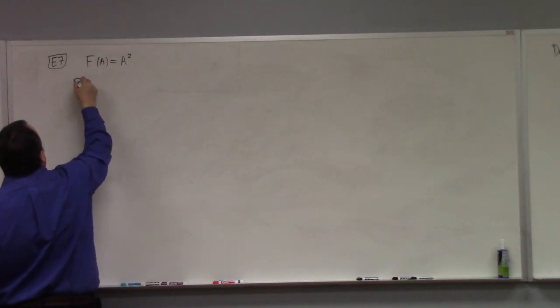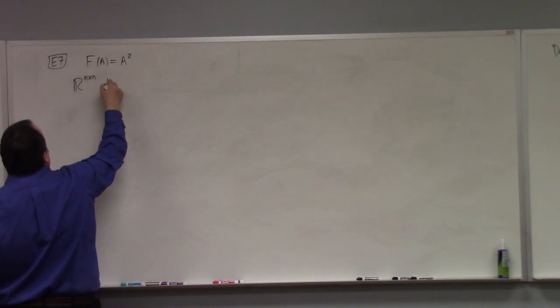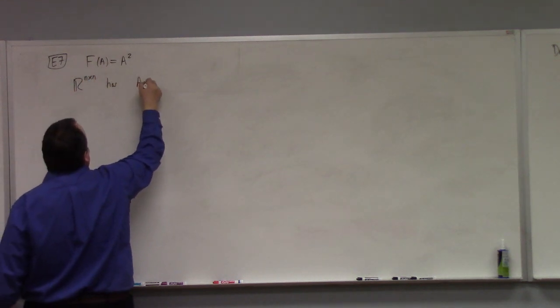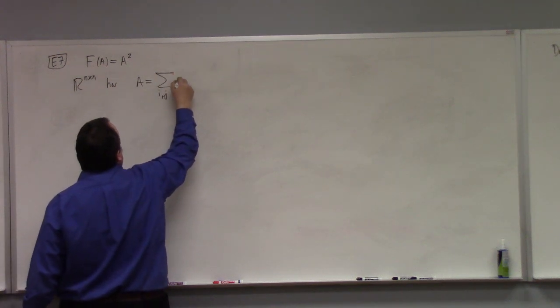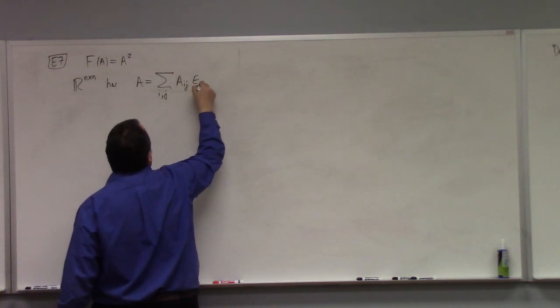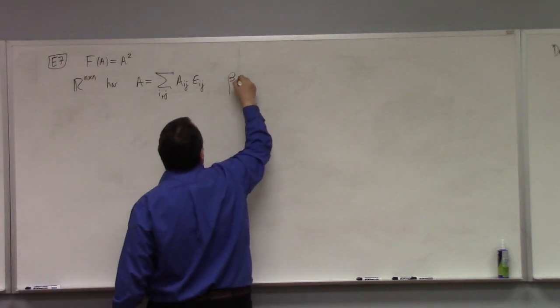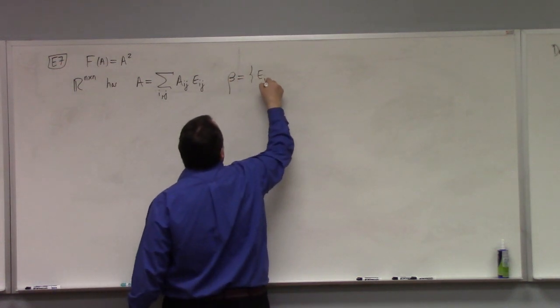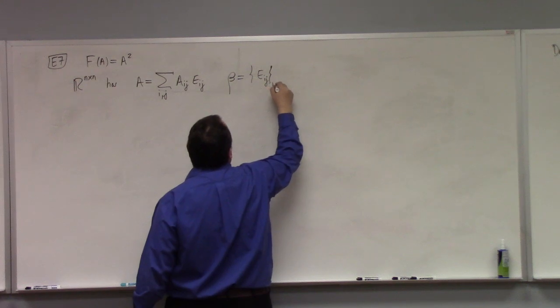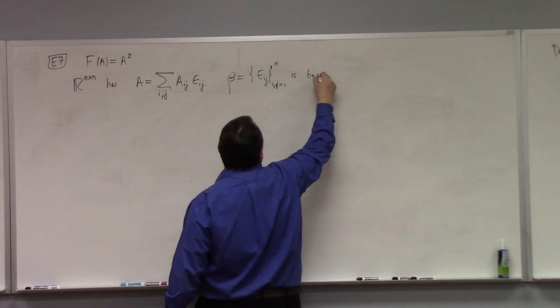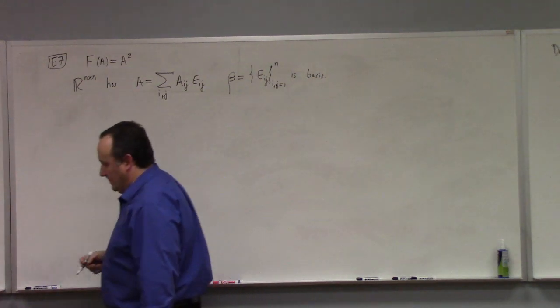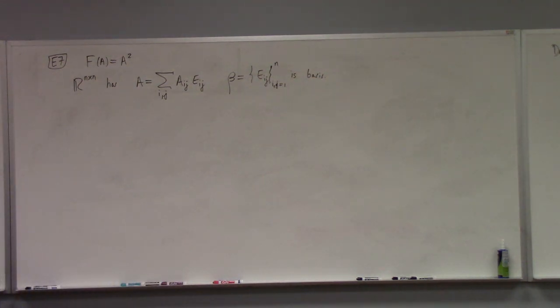Let me remind you that R^(n by n) has A equal to a sum over i and j of a_ij E_ij. In other words, the E_ij are a basis.